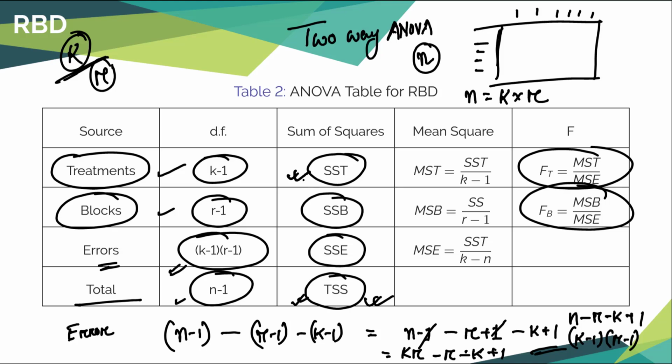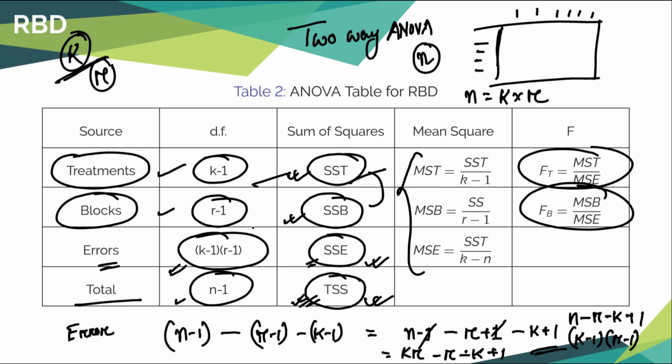Similarly, for treatment, just like we calculated in case of CRD, that will be applied here also. The new thing in this model is the SSB, that means sum of square due to blocks. Now sum of square due to error is obtained by subtracting these two quantities from total sum of square. We will get SSE by subtraction, and the calculations are as usual.